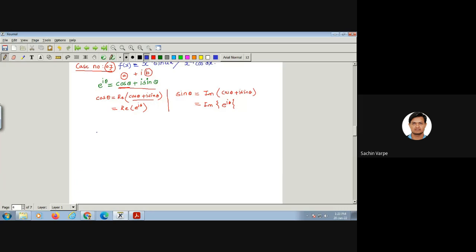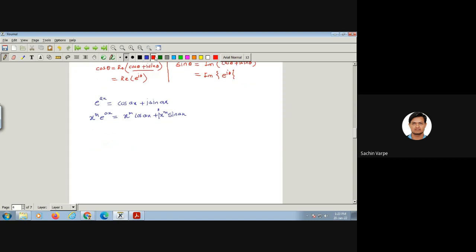So I can write this as e to the power ax क्या होगा cos ax plus I sin ax. तो अगर मैंने x रेस टू m से मल्टीप्लाई कर दिया तो e रेस टू x रेस टू m e रेस टू ax क्या होगा x रेस टू m cos ax प्लस x रेस टू m सॉरी I टाइम्स sin ax, इजंट इट? तो यहां से मैं लिख सकता हूं कि x raised to m cos ax is the real part of x raised to m e to the power ax.